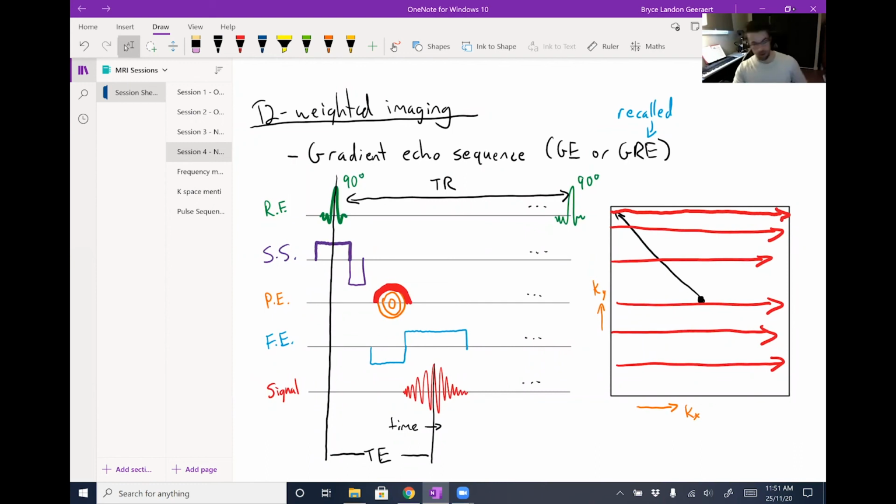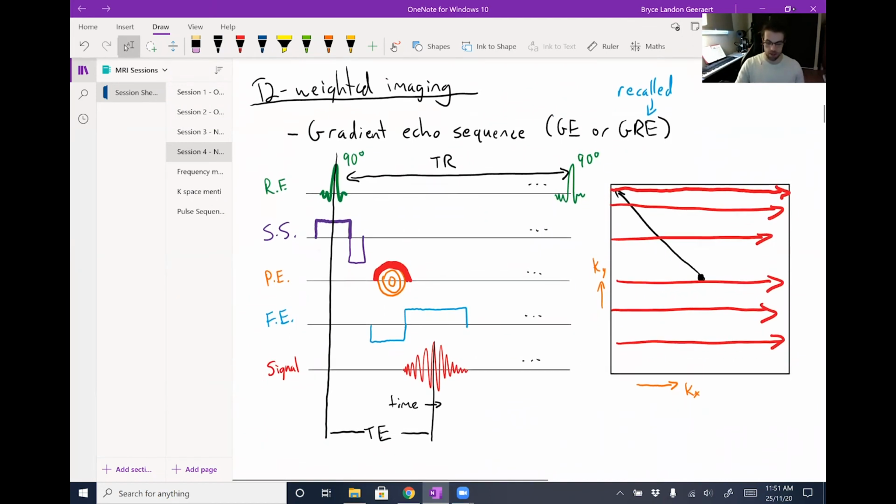We talked about how they frequently use gradient echo imaging because it's quick and allows us to collect an echo before T2 dephasing has truncated our signal enough that we don't have much left to image, which is important for SNR. The example that I showed here is line by line acquisition in K-space, which is feasible for gradient echo T2 weighted imaging, although not always used. Something like echoplanar imaging might also be used here to collect slices of the brain or other body of interest more quickly.